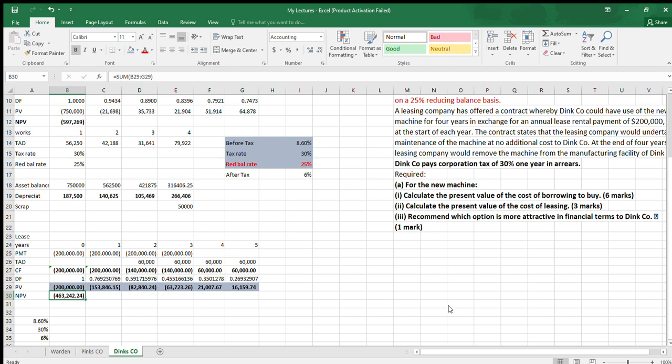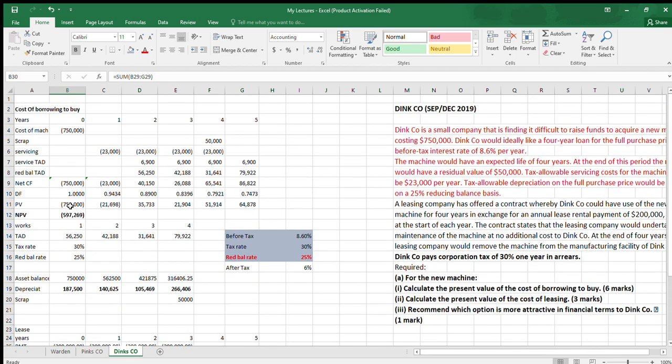That's all you need to know about the leasing and the borrowing. So you have to make it 4 decimal places. And you add all of them. And that's your answer, 463.